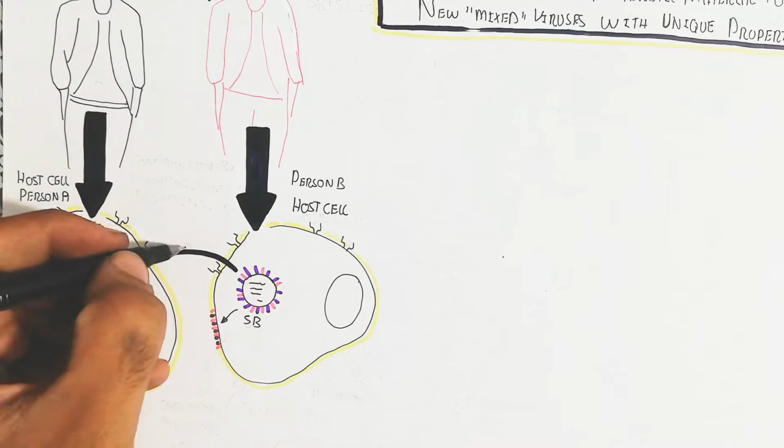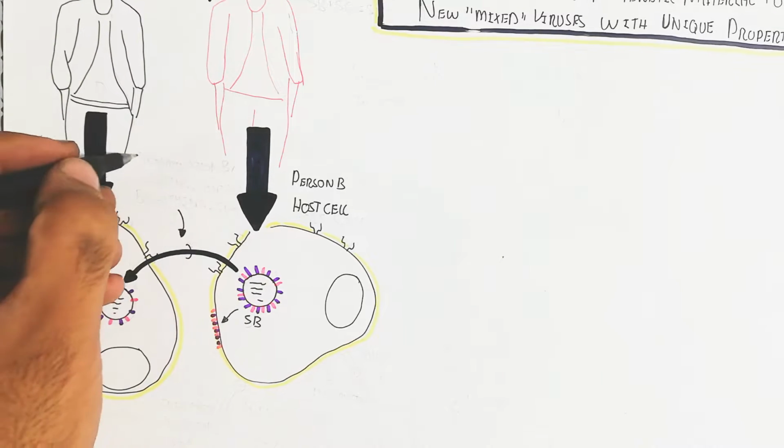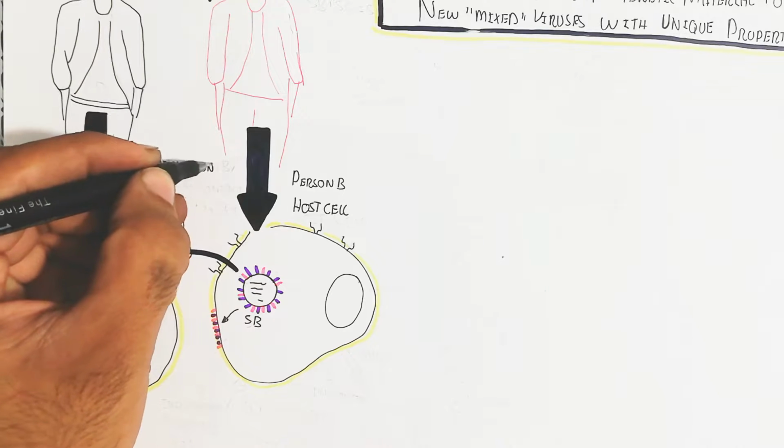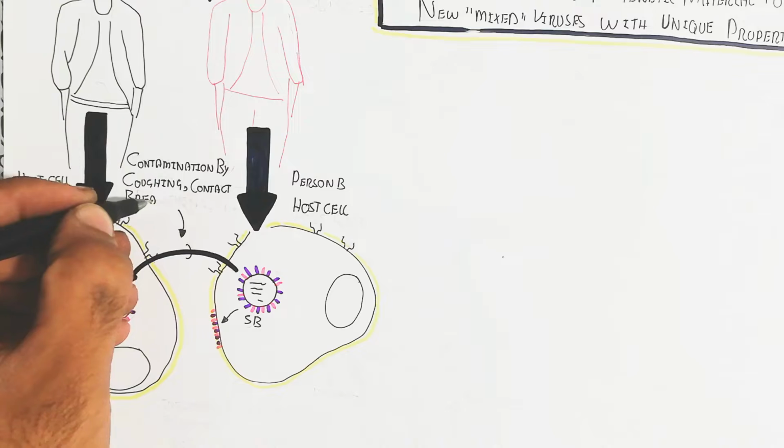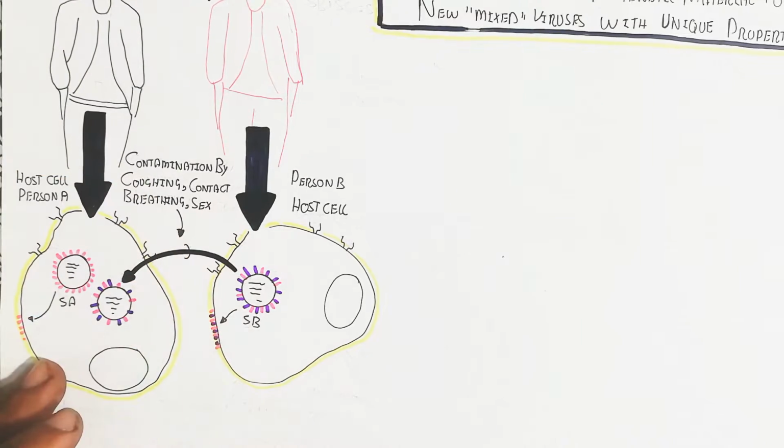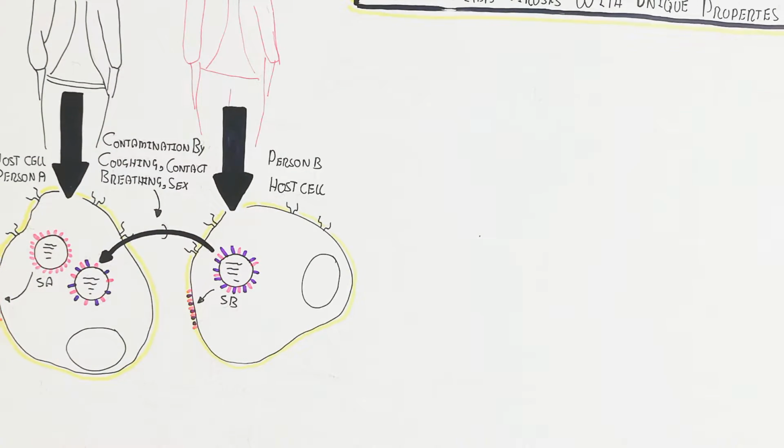So it can be a contagious virus spread by coughing, contact, breathing, sex or kissing, or some other process such as a contaminated syringe.